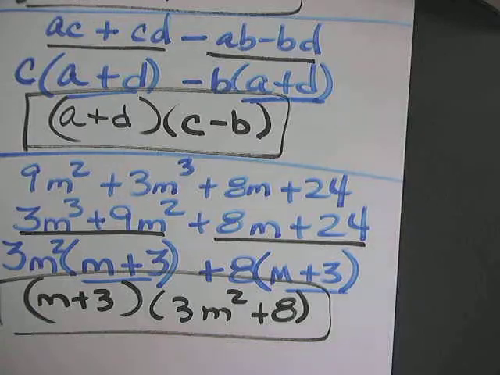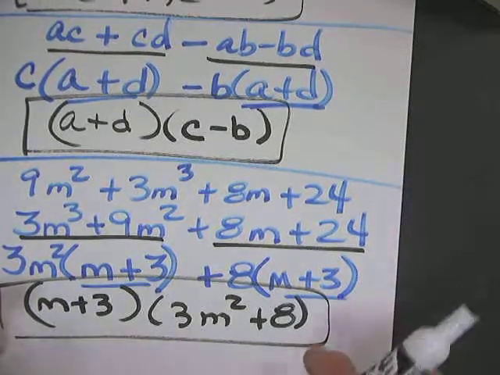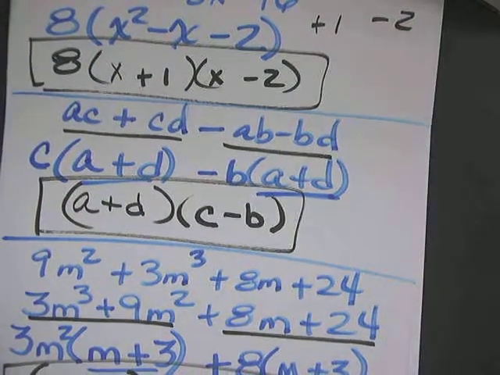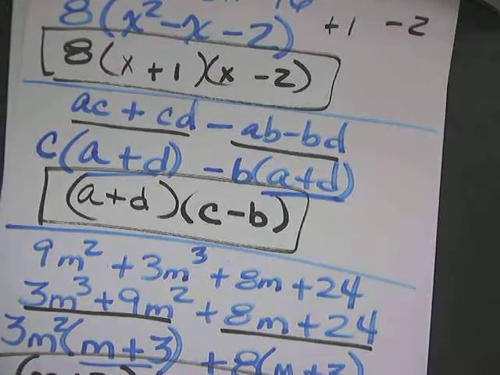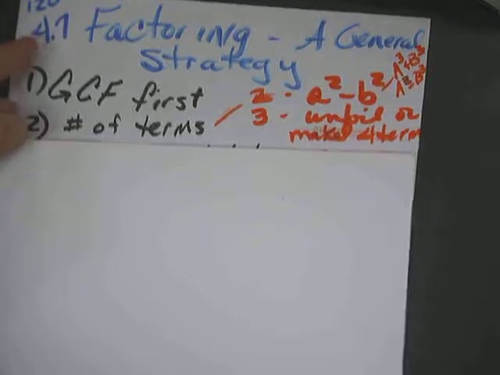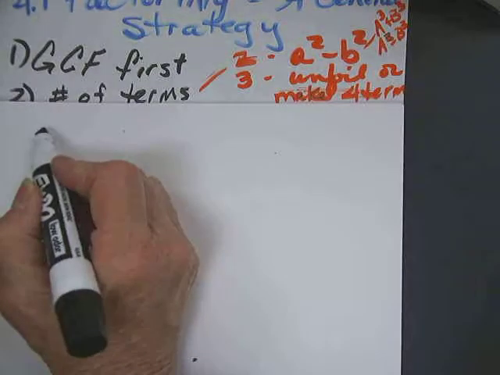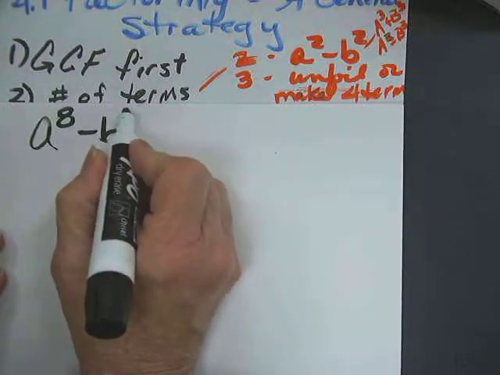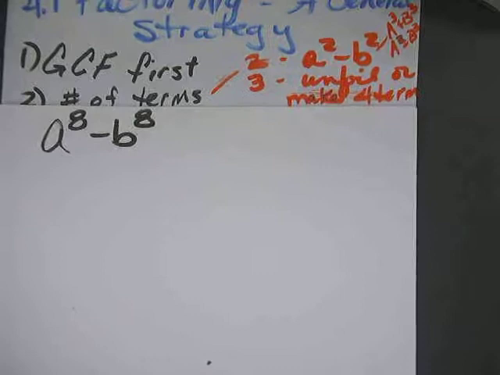Positive 8m plus 24. So they have in common m plus 3, and the rest here we have 3m squared plus 8. That's not going to factor, so that's as far as you can go.